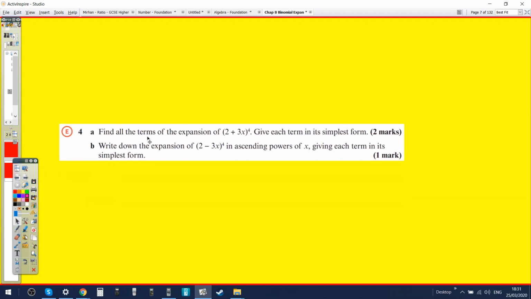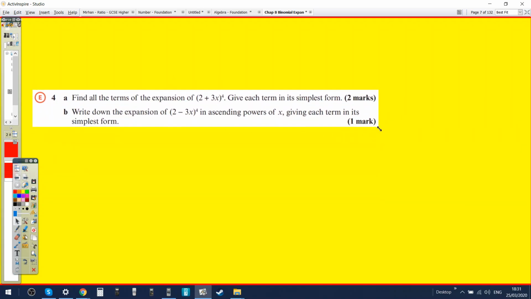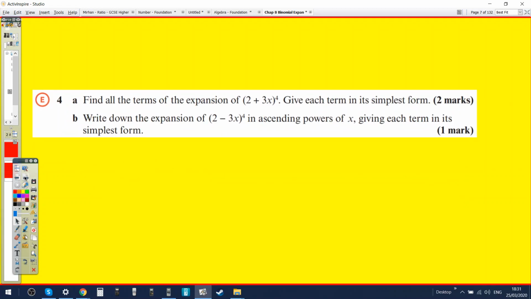Would you be confident with these exam questions? You think you'd know how to do these? Yeah, I'm just confused by the second part. And why it's only 1 mark?